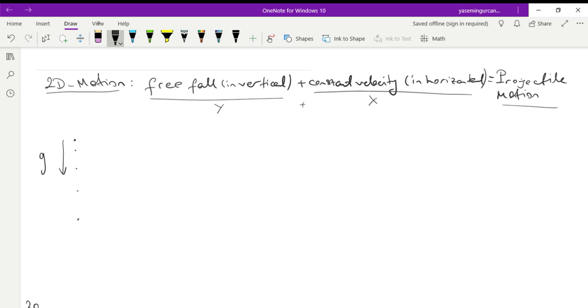So if you give this object a push in the horizontal direction before you release it, let's say it's rolling off a tabletop, give it an initial velocity in the x direction, in the horizontal direction, it's going to roll off and start falling, right? It's going to start falling and hit the ground somewhere here.